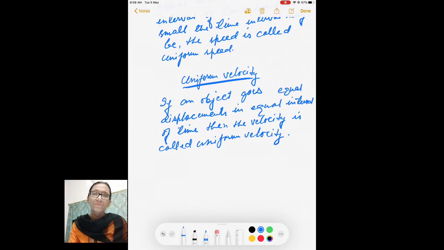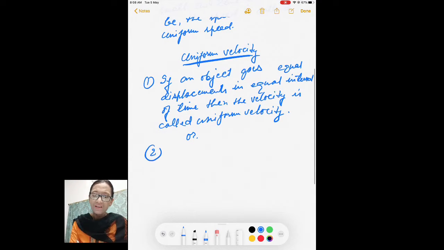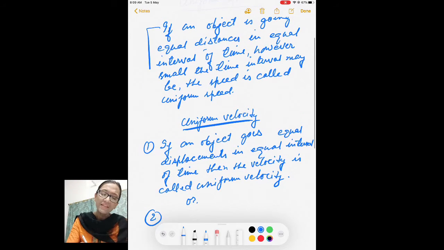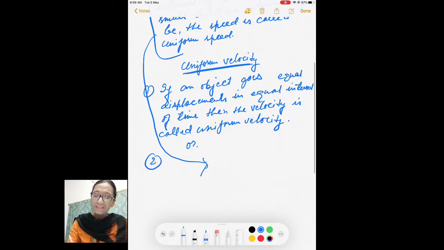Now, this uniform velocity can be defined in one more way. You should write that object goes equal displacement in equal interval of time, everything is same, and then you write along a given direction.